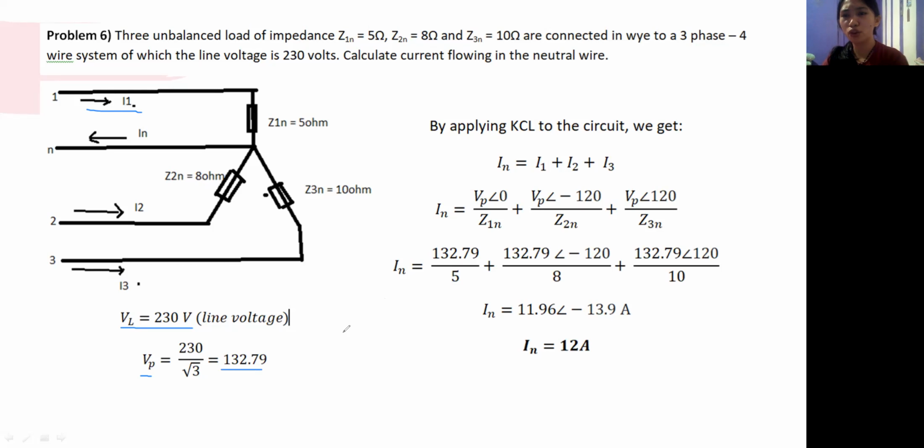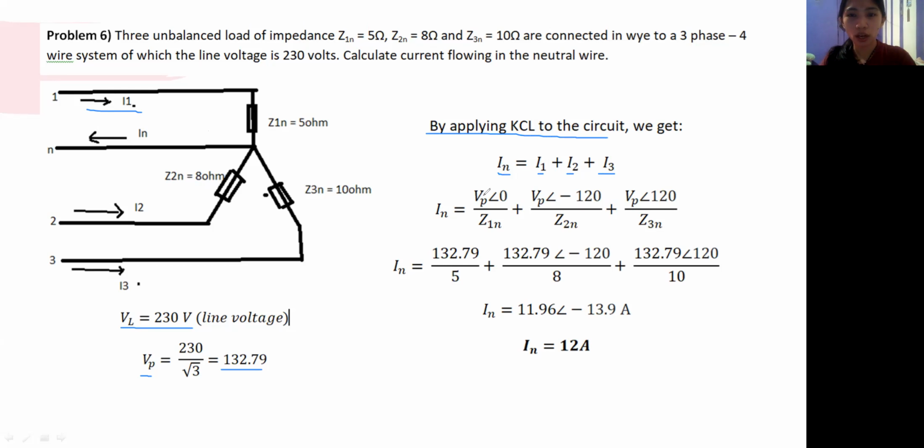I forgot to draw the diagram here, so I'll just state it. By applying KCL to the circuit, IN is equal to I1 plus I2 plus I3, as you can see in this circuit diagram.